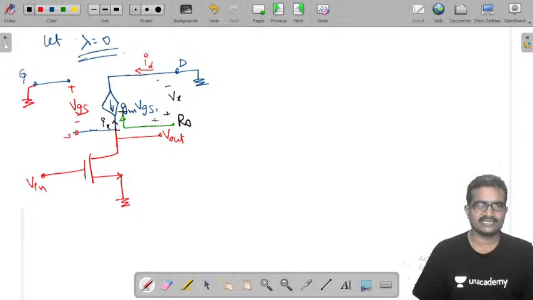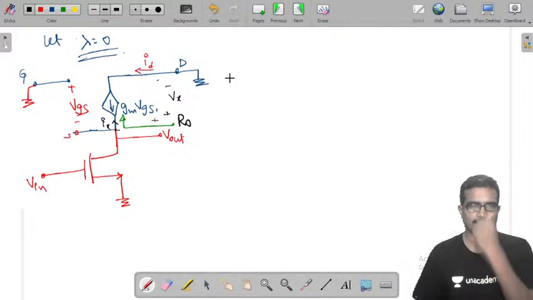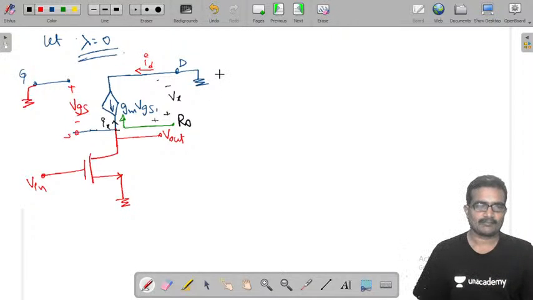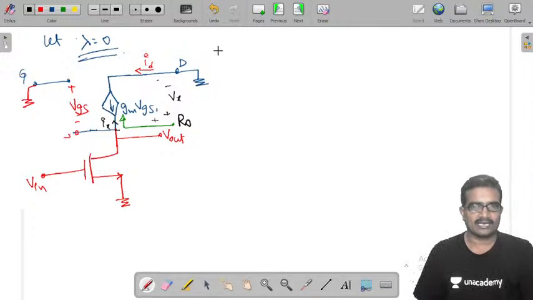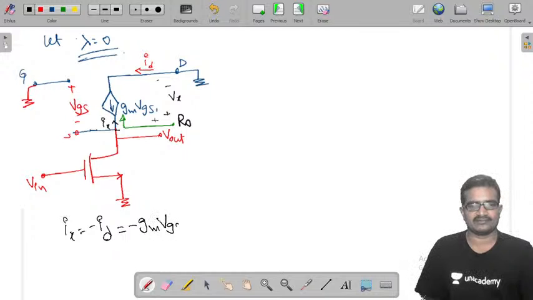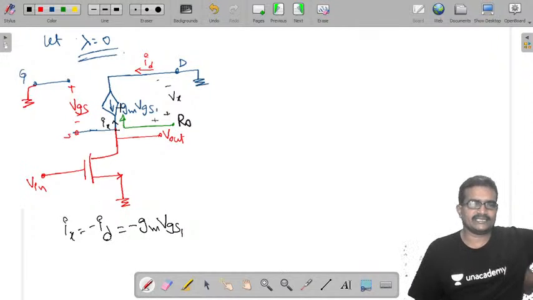Now in this circuit, it is Vx and it is Ix, but Ix is nothing but minus ID, and that minus ID is minus Gm into VGS1. See this, it is connected to ground.